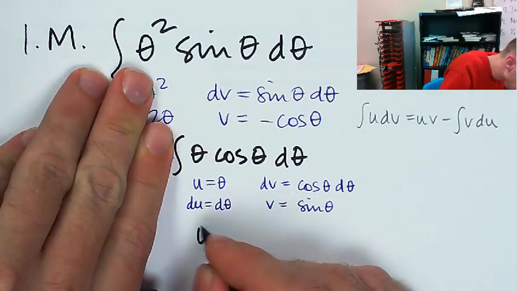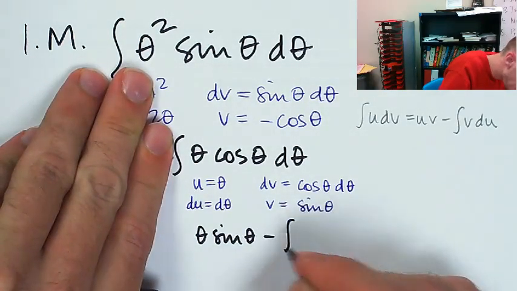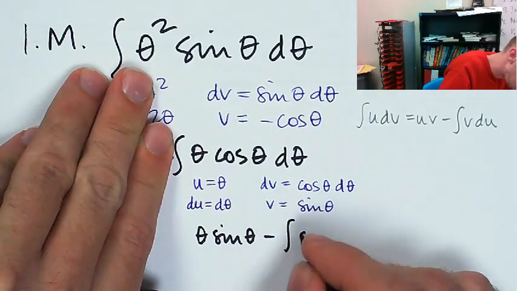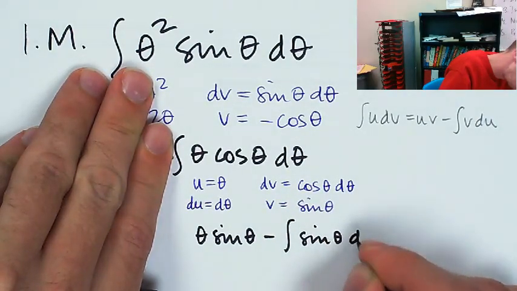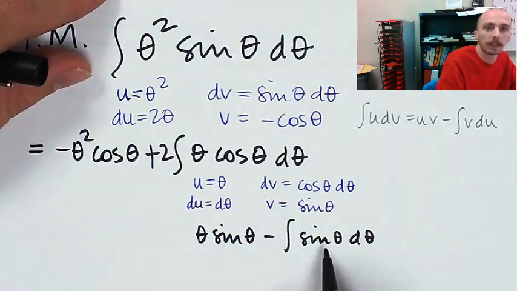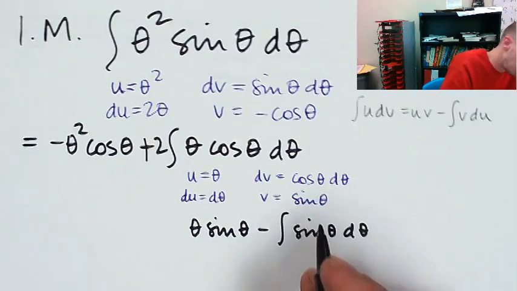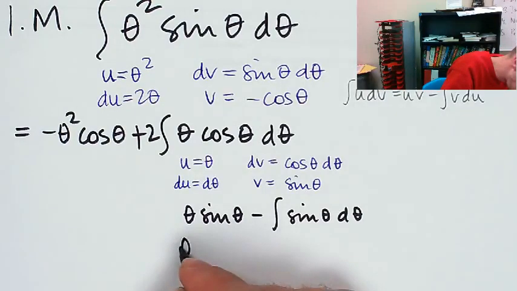It'll be uv minus the antiderivative of v du, so that's sine theta d theta. And we know an antiderivative for sine theta d theta, that's going to be negative cosine theta. And minus negative cosine theta will just end up being plus cosine theta.